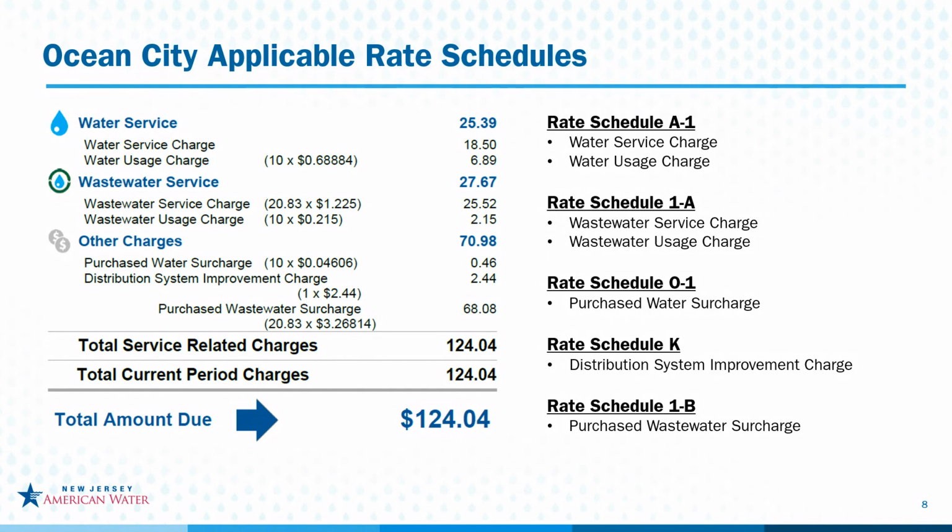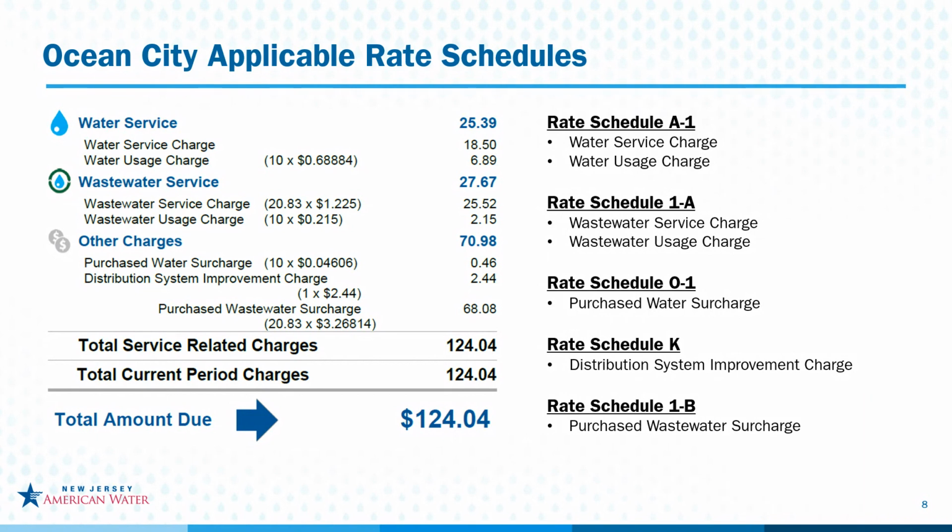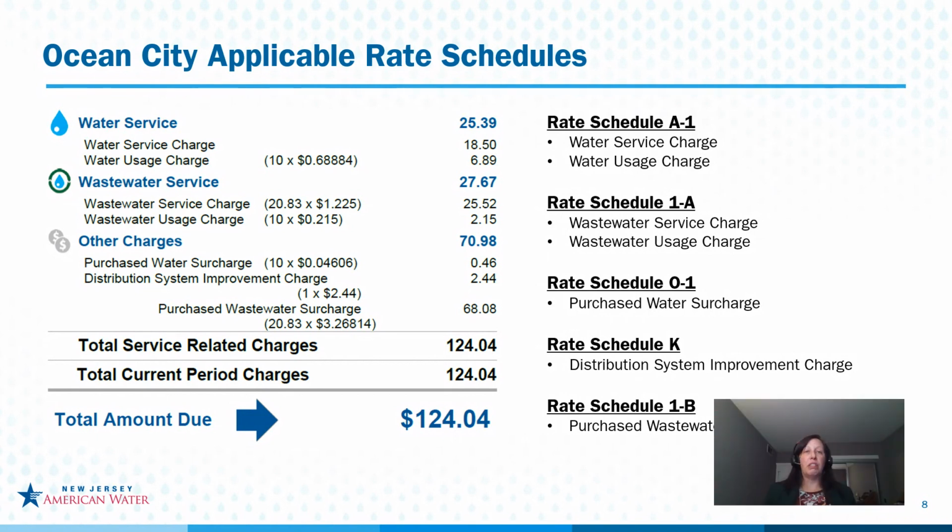Now we're working towards moving our wastewater rates in that direction, but for now, the wastewater rates are different depending on your location and whether your wastewater system is a collection only or a collection and treatment. So here in Ocean City, New Jersey American wastewater system is a collection only system.